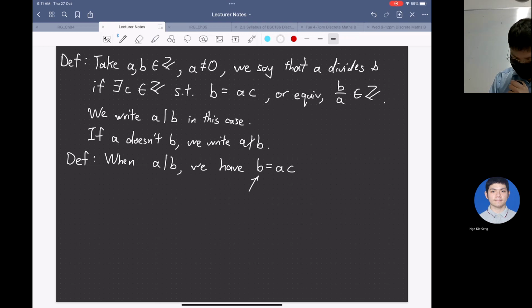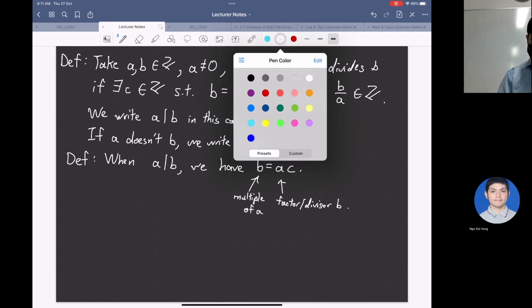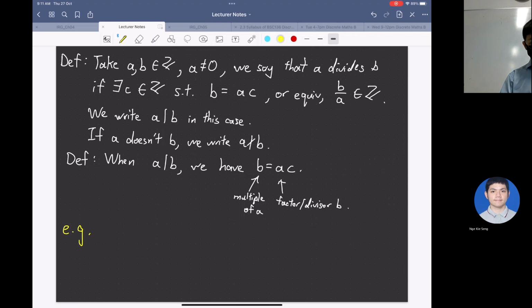Then B is a multiple of A, and A is called a factor or divisor of B. It's okay if you don't follow this definition, but you have to follow the example. Use the example to learn the definition.